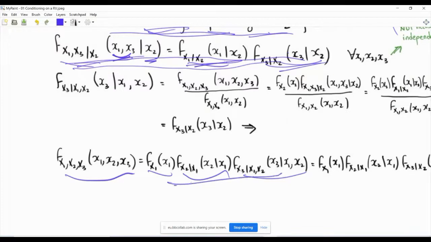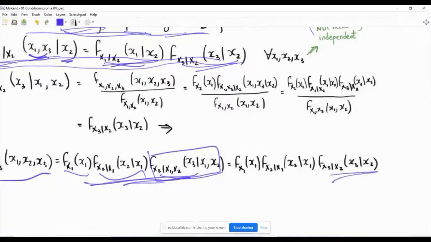So this is general. But if x1 and x3 are conditionally independent given x2, then this third factor can be simplified and written as the conditional PDF of x3 given x2. We can remove the x1. So we get the PDF of x1, the PDF of x2 given x1, times the PDF of x3 given x2, and x1 disappears.